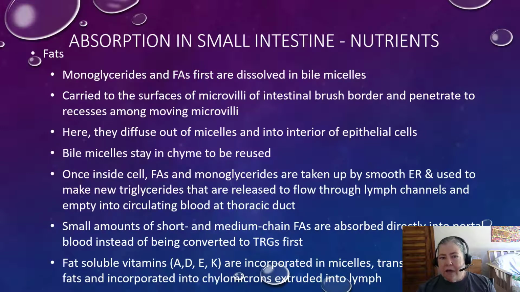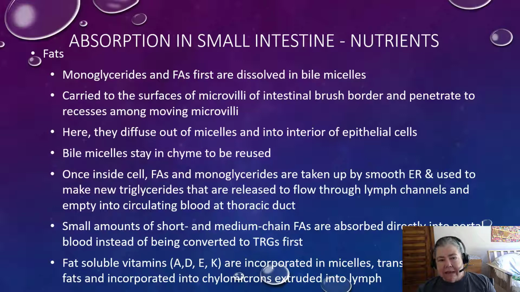We already talked about how fats are absorbed, that they are dissolved. The monoglycerides and fatty acids are dissolved in micelles in combination with bile acids that are carried to the brush border and diffuse. The fatty acids leave the micelles and enter the epithelial cells.